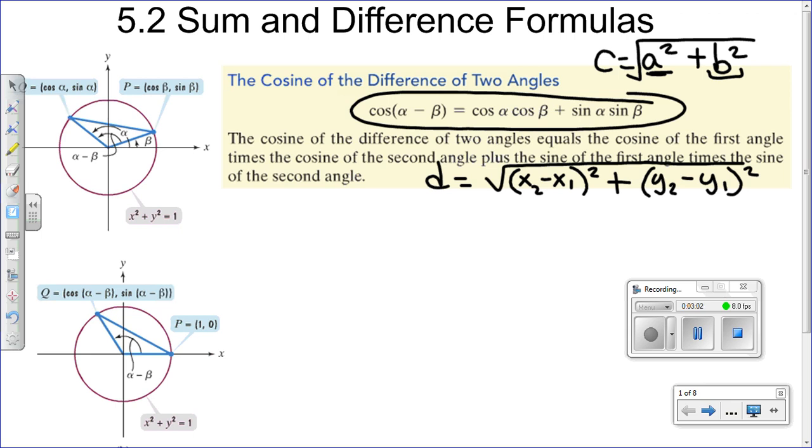Now, when I say we're also going to use geometry, it is to describe how these angles are being found, and then we're going to use the coordinates of those points that contain the terminal side of the angle. First of all, we're talking about the difference between two angles. The first angle in question is angle alpha, from here to the terminal side of the triangle, like the big angle.